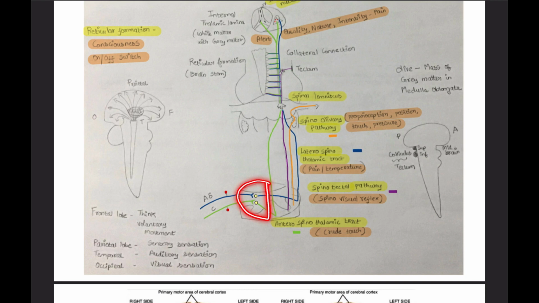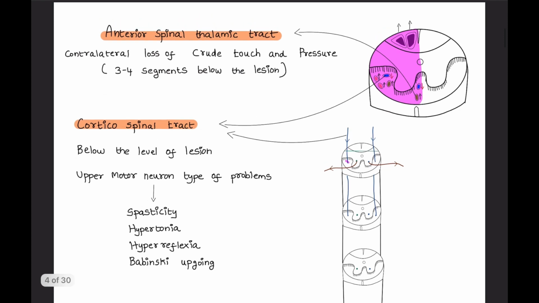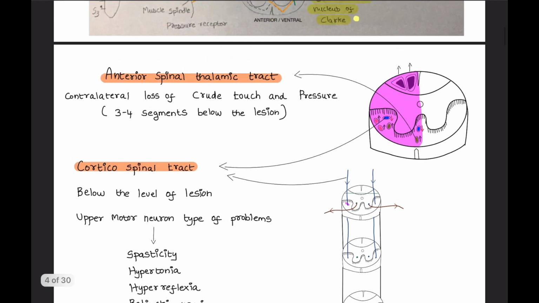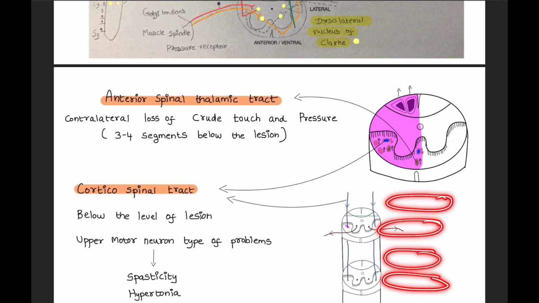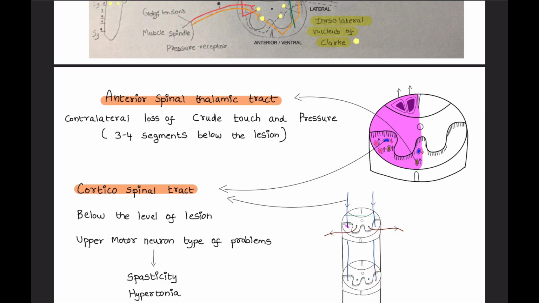If there is a lesion on the hemisection on one side, that is on the right side, the clinical feature, that is the contralateral loss, will be seen on the other side, on the left side. Please note that the contralateral loss clinical feature will be seen 3 to 4 segments below the lesion. That is, the clinical feature will be seen from this spinal cord segment if there is a lesion present here.